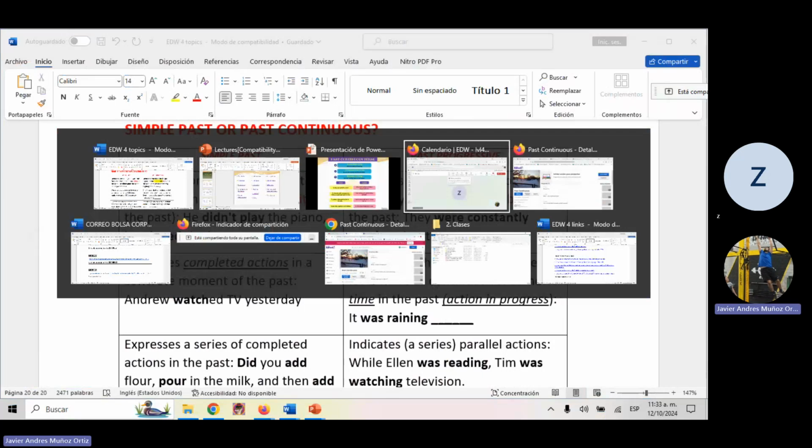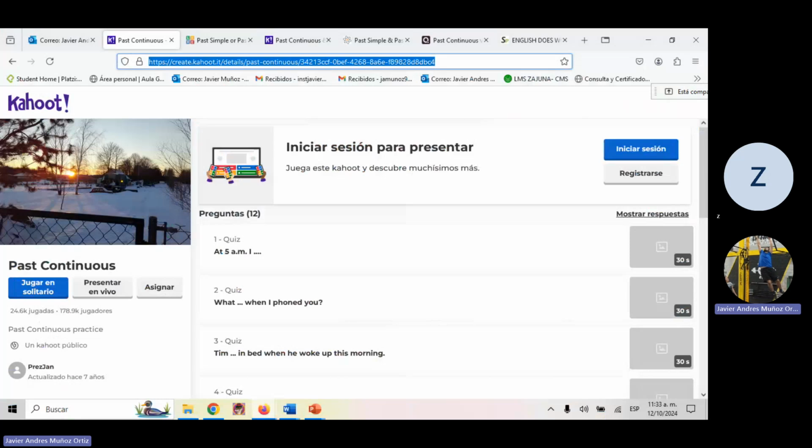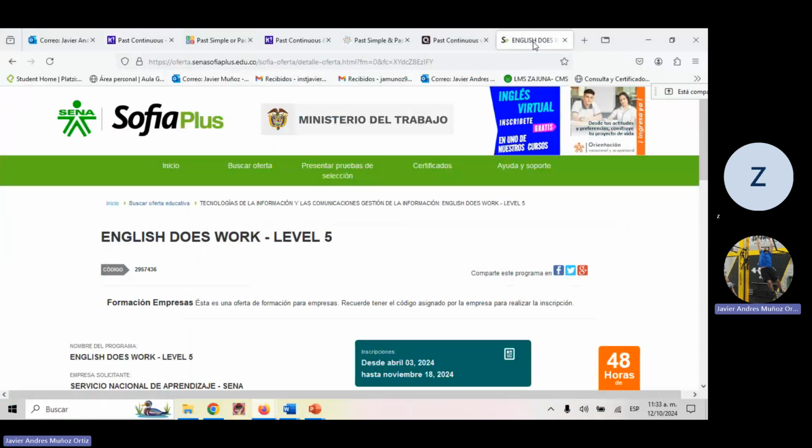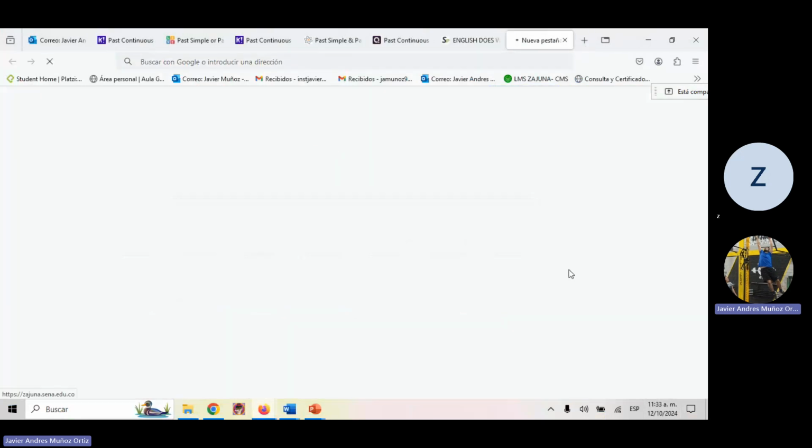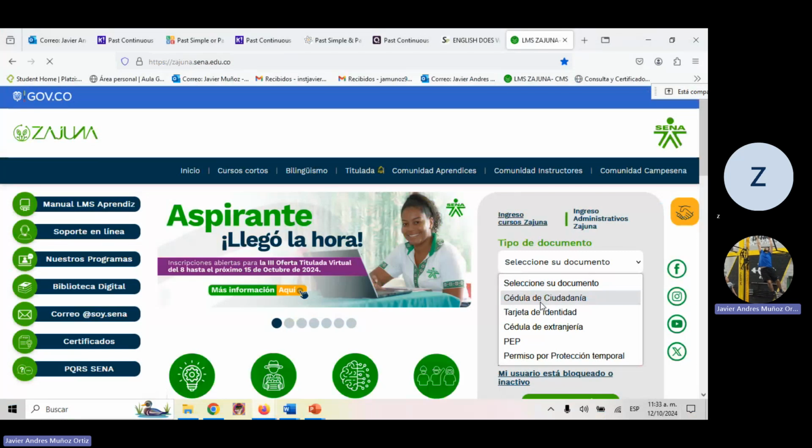So this is it. I just want to remind you of one last situation, and that's that next week we are finishing this level. Therefore, we invite you to enroll in level 5 in English, and that information, as we have mentioned before, is in Zajuna. So you go to Zajuna.